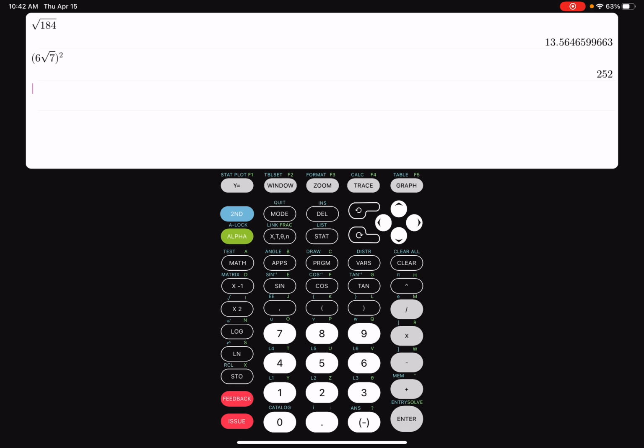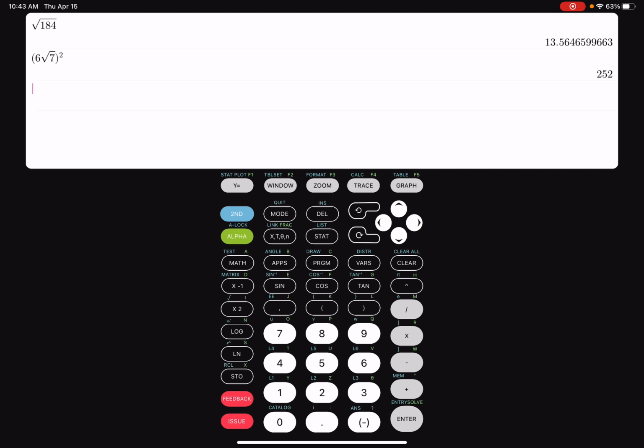So nobody's calculator did that? Put another parenthesis automatically? Okay? If it did, that's okay. What you just need to make sure you do is close both parentheses before you square it. Okay? Does that make sense?